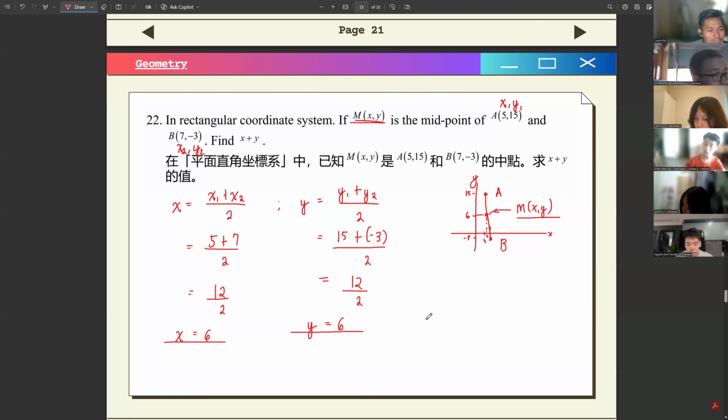So the question is find x plus y. So you just add the two values. Okay? Questions? Okay, let's continue. There are no questions.